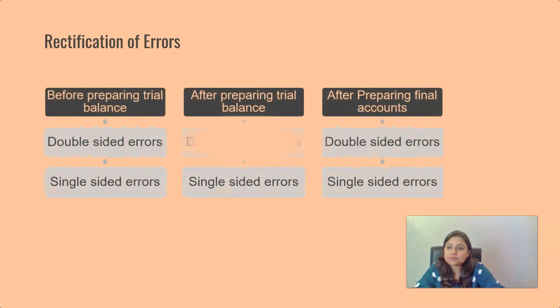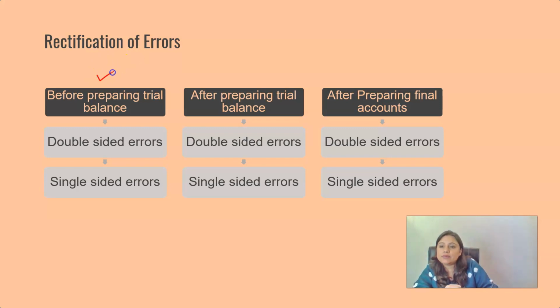Now moving on, looking at the errors that could have been committed and the different stages at which such errors could have been committed. It could be before preparing the trial balance, and the errors could be either double-sided errors or single-sided errors.